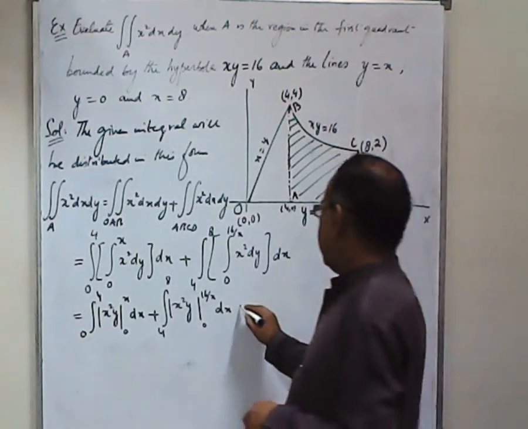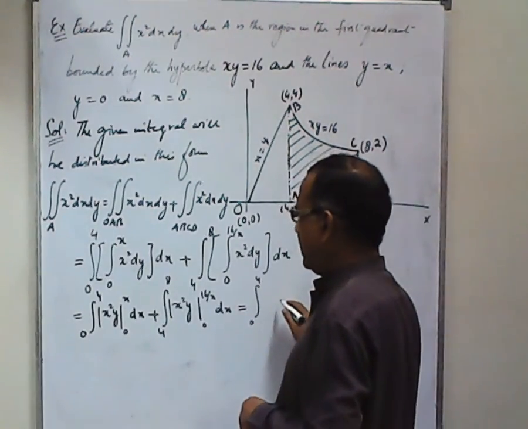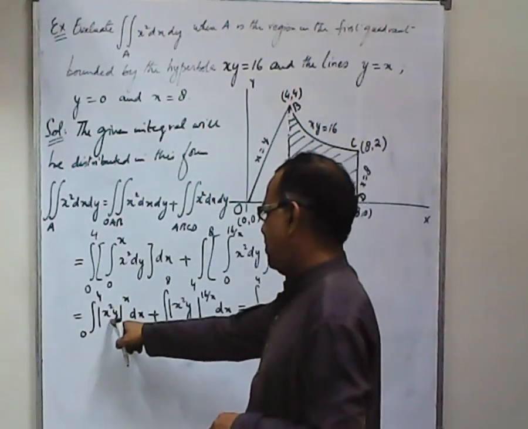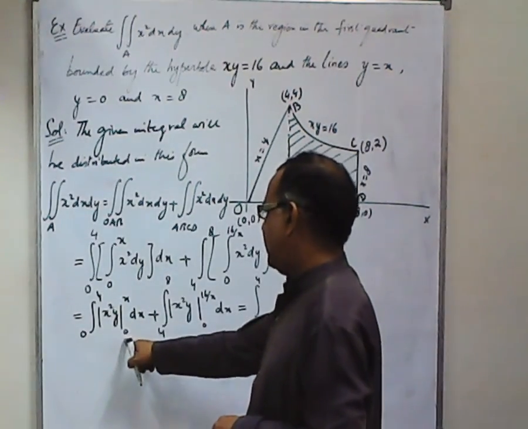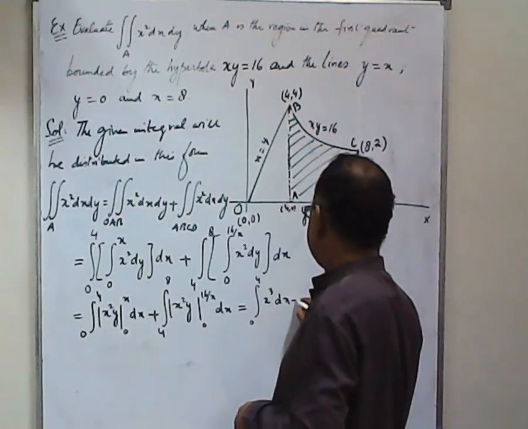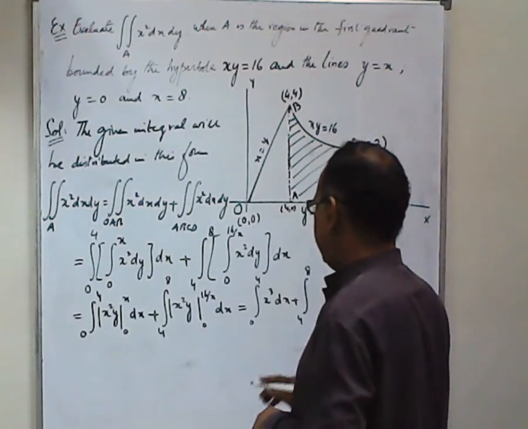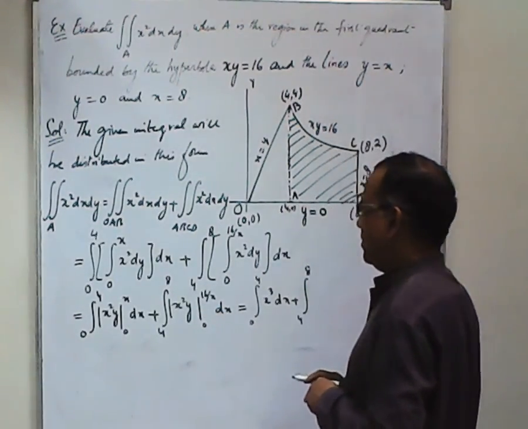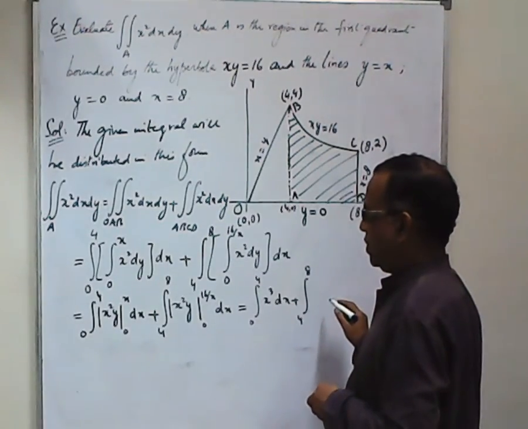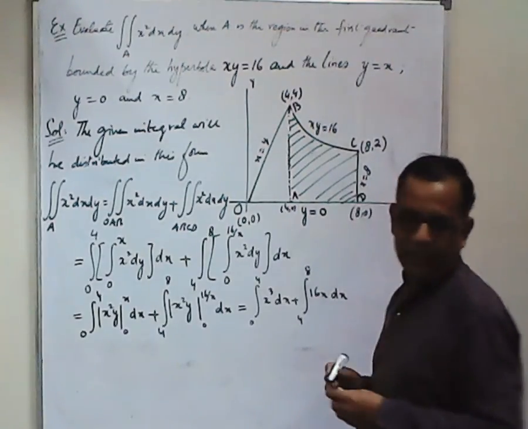So what do we get? This is 0 to 4, and then x square. When we substitute the upper value, x minus 0, it is x cube dx, and from here this is 4 to 8, and then it will be 16 upon x, so x cancels with x, so 16x dx.